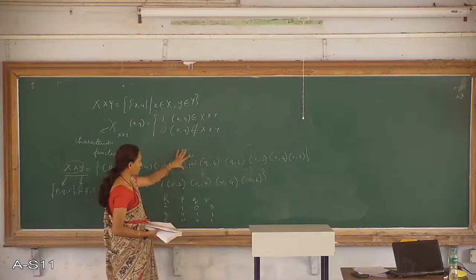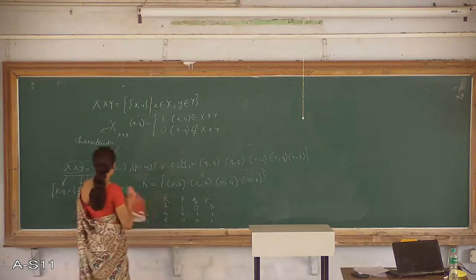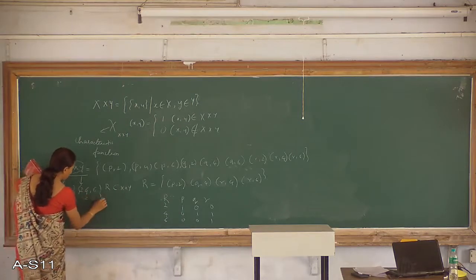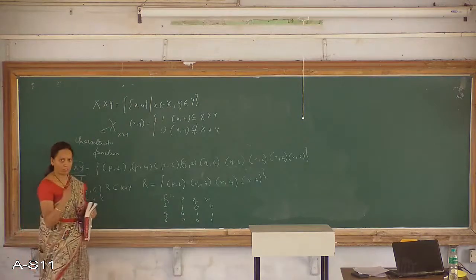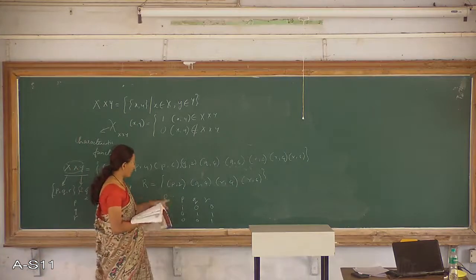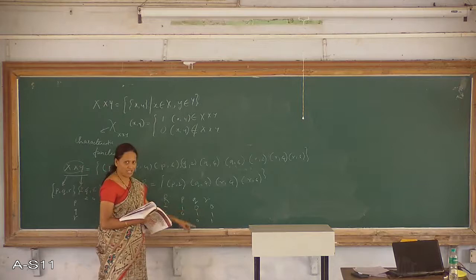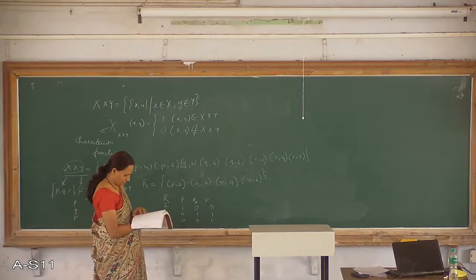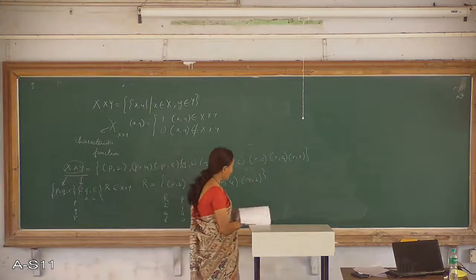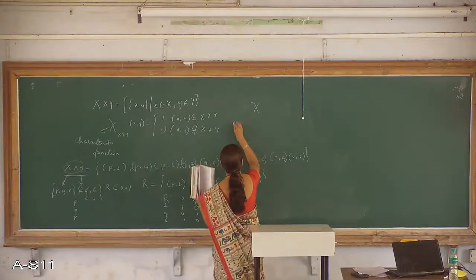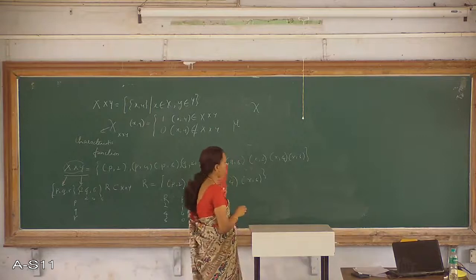If I want to represent the whole set, I should have p, q, r by 2, 4, 6 with 1 everywhere. But now R is a subset of x cross y, so I can have this as a representational matrix. The relationship in the classical case is usually denoted by mu as a membership function.